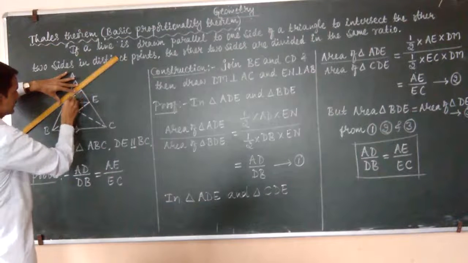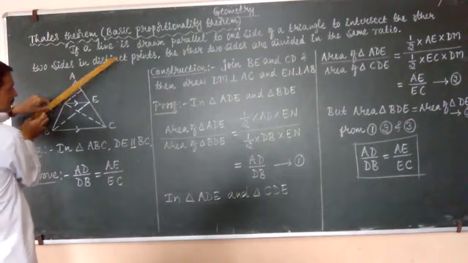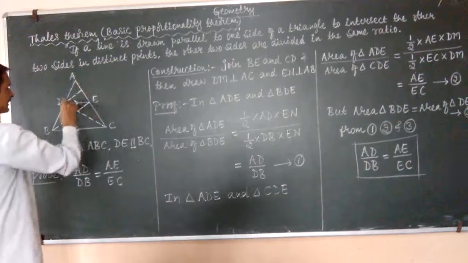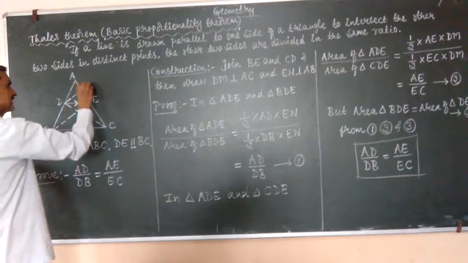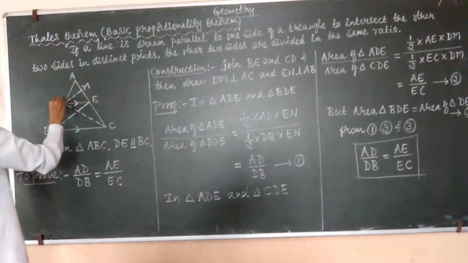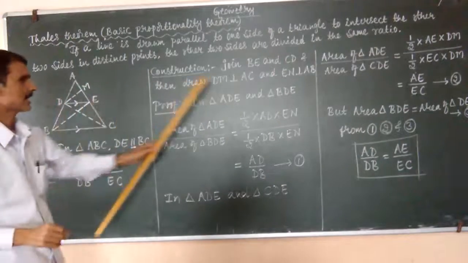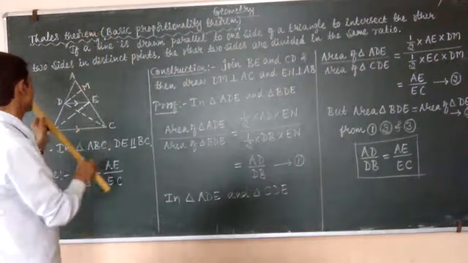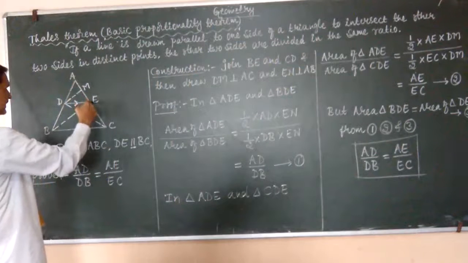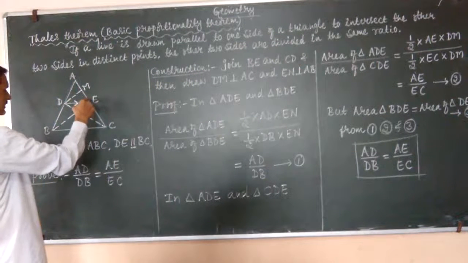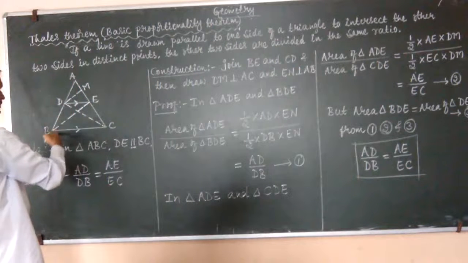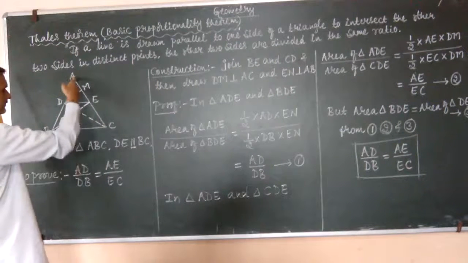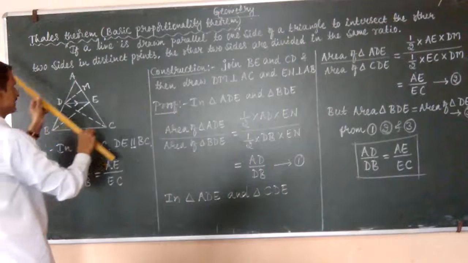Perpendicular line should be drawn to AC. Call this DM. And EN perpendicular to AB. So by joining this vertex E, you have to draw a perpendicular to the line AB.